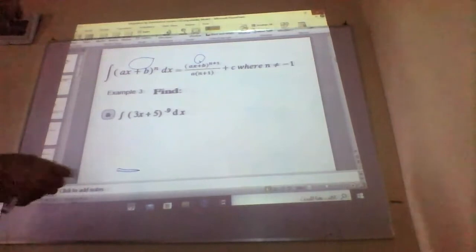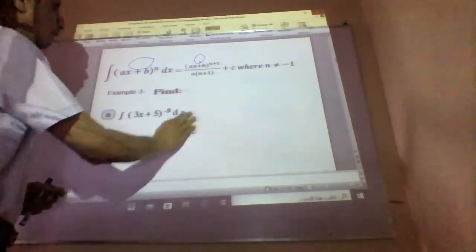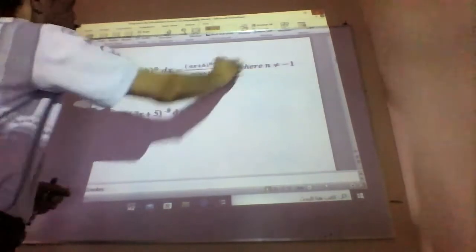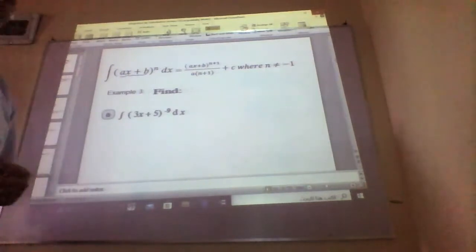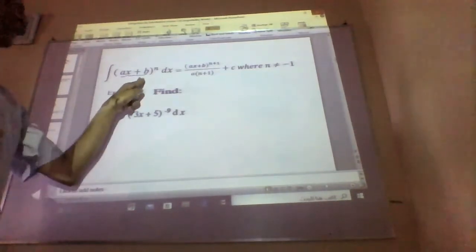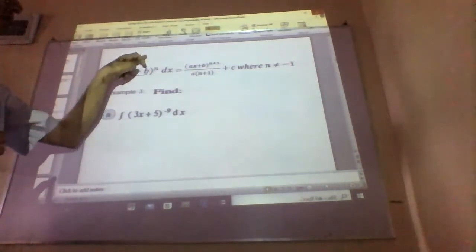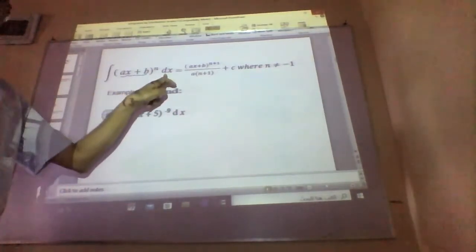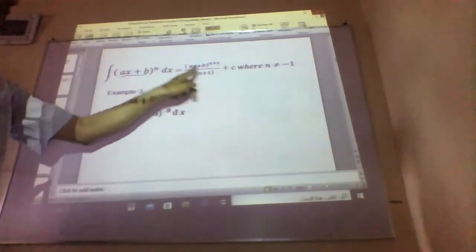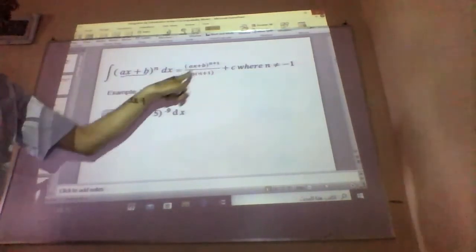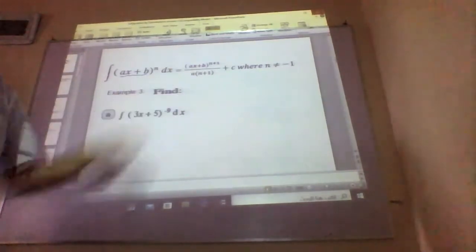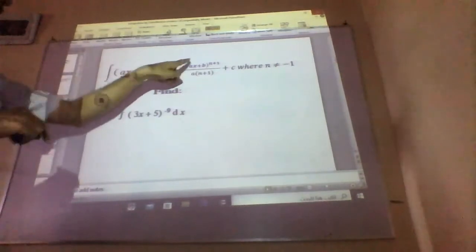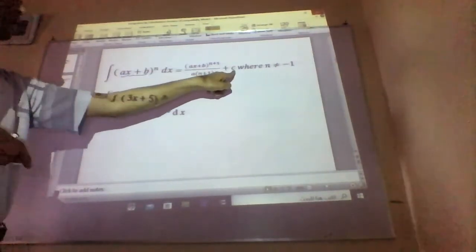From those two examples, we have a general form. If we have a first degree function in x in the form ax plus b, raised to the power n, and we want to integrate with respect to x, the integration will be the same function to the power n plus 1, divided by n plus 1, multiplied by the coefficient of x, which is the derivative of what is between brackets, and adding the constant.